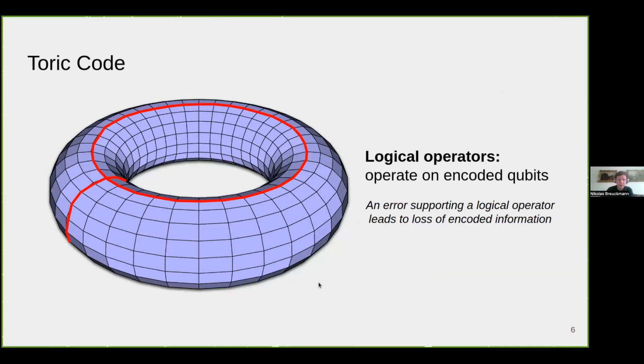One important concept in quantum error correction is so-called logical operators, which are the operators which act on the encoded qubits. If an error happens such that it supports a logical operator, then this leads to a loss of the encoded information.